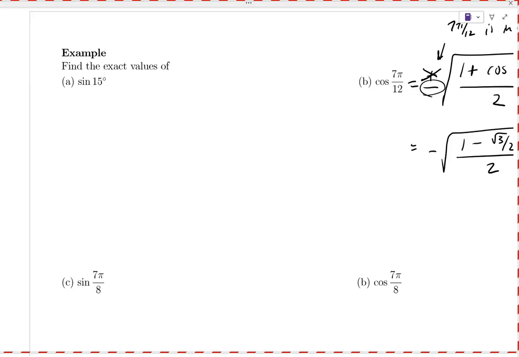So using our half angle formula that we just developed, this is plus or minus square root of 1 minus cosine of 30 degrees all over 2. Remember again, the inside of the cosine under the square root is double what the inside is for the function that you're looking at.